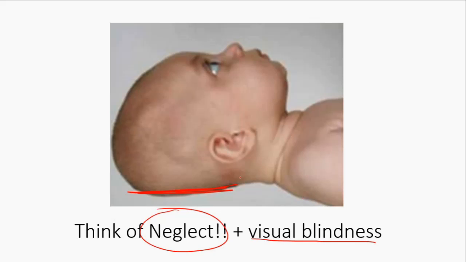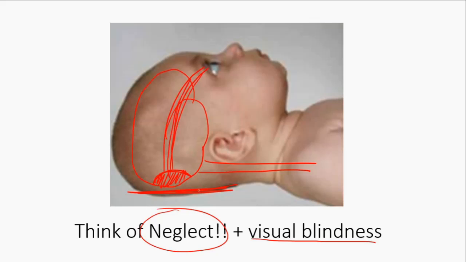So the reason is that if this is the child's brain here, okay, this is the spinal cord, the posterior part of the brain, the occipital part of the brain, is associated with the eyes.